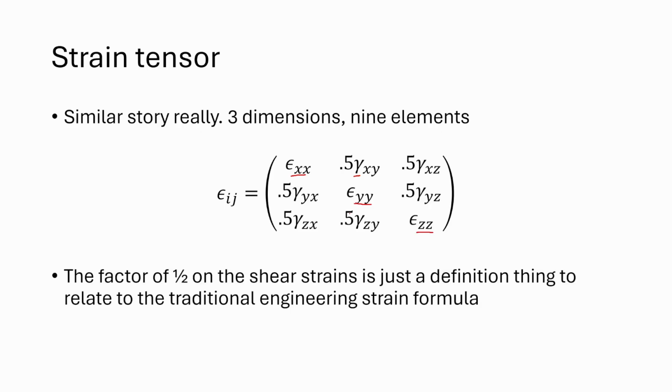So in this case, when we're thinking about the good old simple days when it was just, stress over strain is modulus or however you want to write it, and we were pretending these things were scalars, and it was just the engineering stress, which was a single number, and the elastic modulus, which was a single number, and the engineering strain, which was a single number, to relate that engineering strain to these particular strain components, then we need this factor of a half because we're going to end up adding them together.